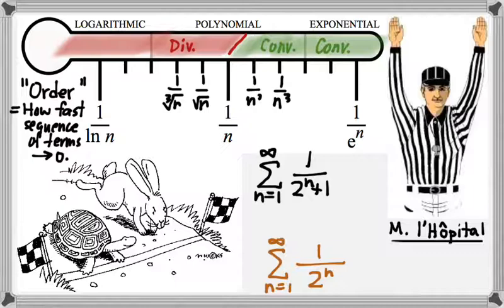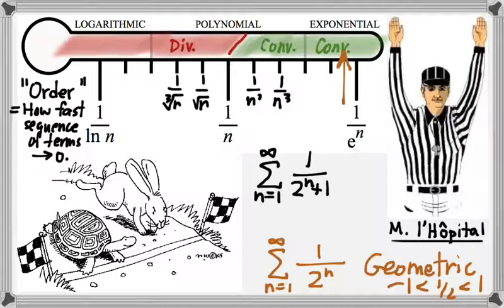And I happen to know that 1 over 2 to the n gets to 0 quickly enough to converge, because what kind of a series is it again? It's a geometric series. And because it's geometric, and its ratio, 1/2, is between plus and minus 1, that places it on the order thermometer somewhere in here. So we know that one converges.